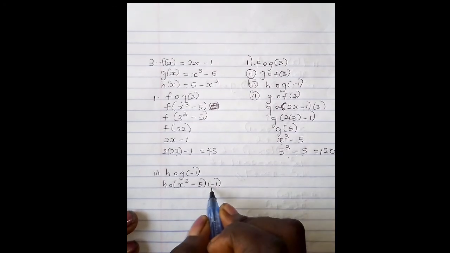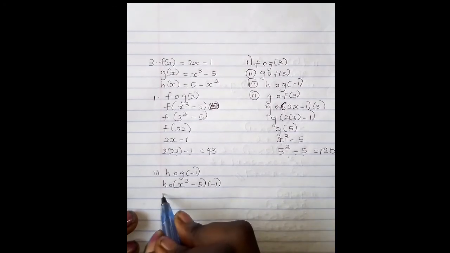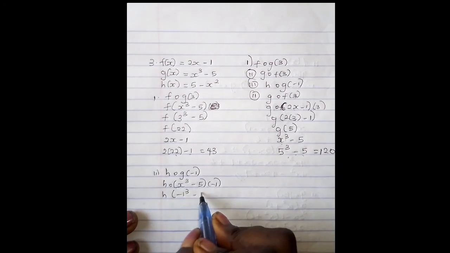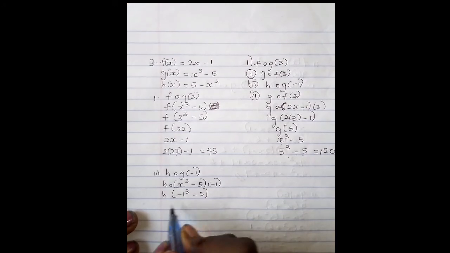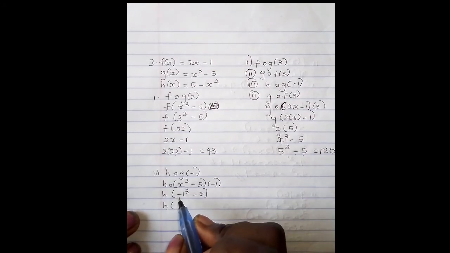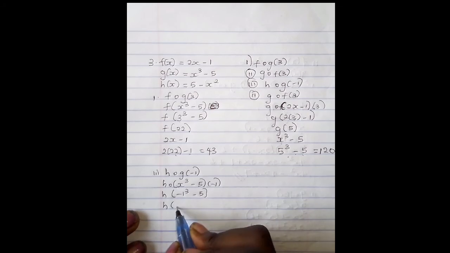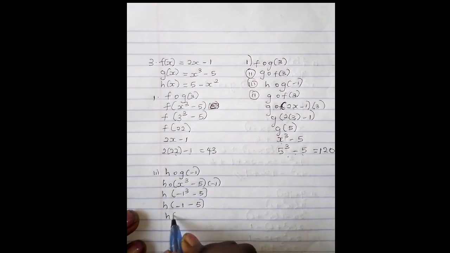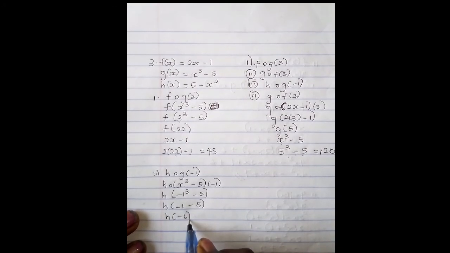So wherever we see x, we put minus 1. So it becomes minus 1 cubed minus 5. So minus 1 cubed is minus 1 times minus 1 is 1, 1 times minus 1, we have minus 1. So minus 1 minus 5, we're going to have minus 6.